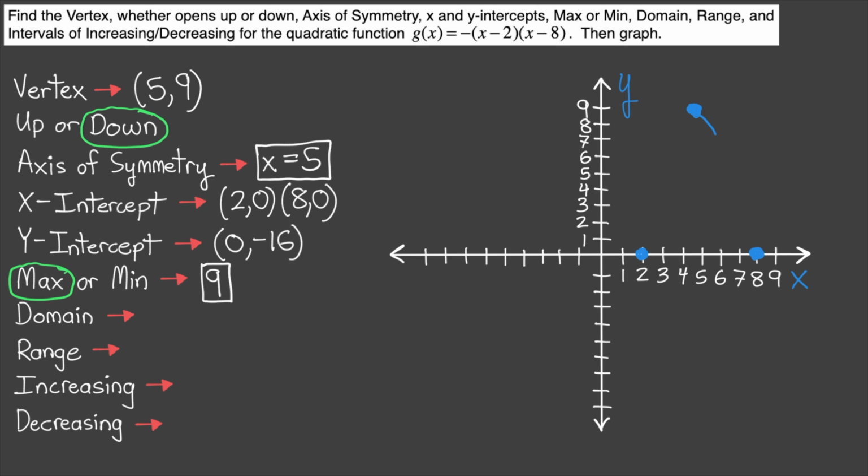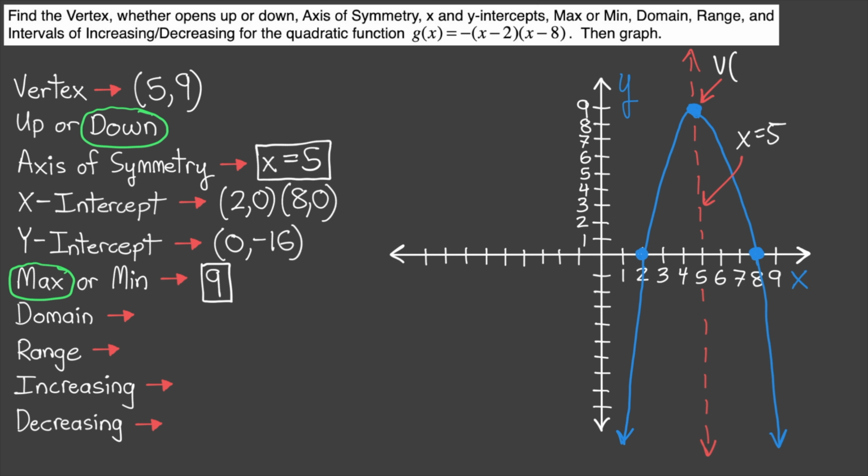So we'll go ahead and graph this here. There is our parabola. And if we graph the axis of symmetry on here, x equals 5, it goes right through x equals 5. So this line here is x equals 5, and our vertex, put a V here, is (5, 9).